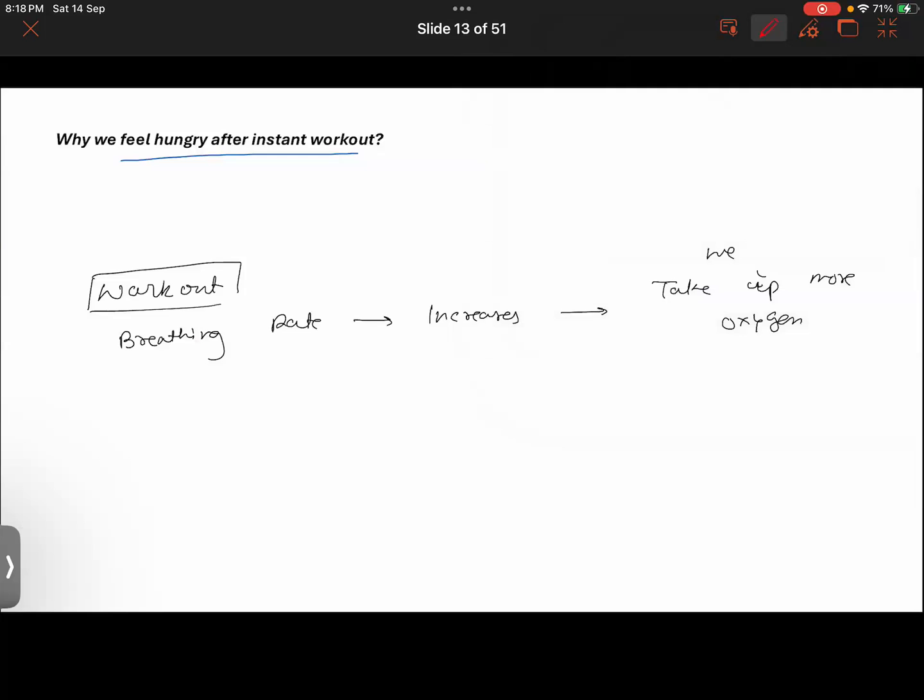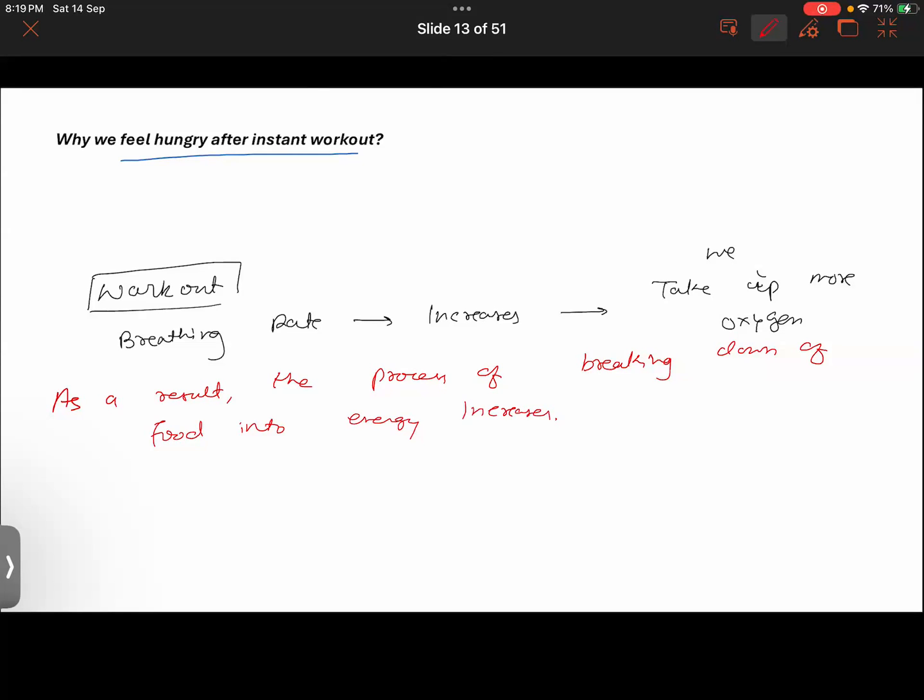Yeah. So breathing rate increases, so thereby we take up more oxygen. As a result, the process of breaking down of food into energy increases.